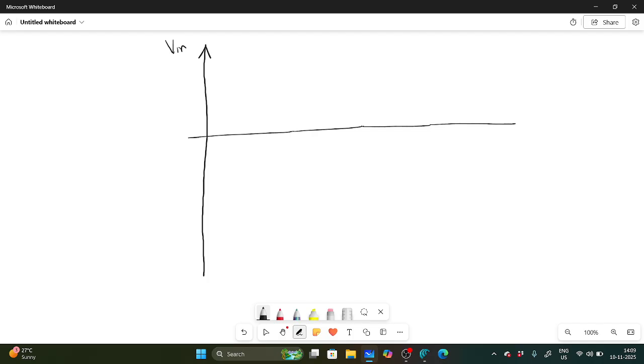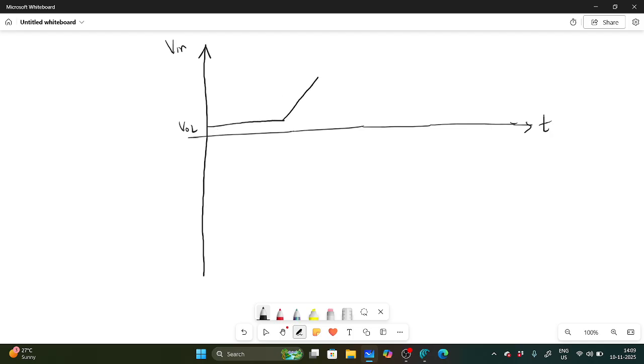Practically that is not sharp, it will have some curve like this. It will start from VOL, output low. This is the practical waveform.